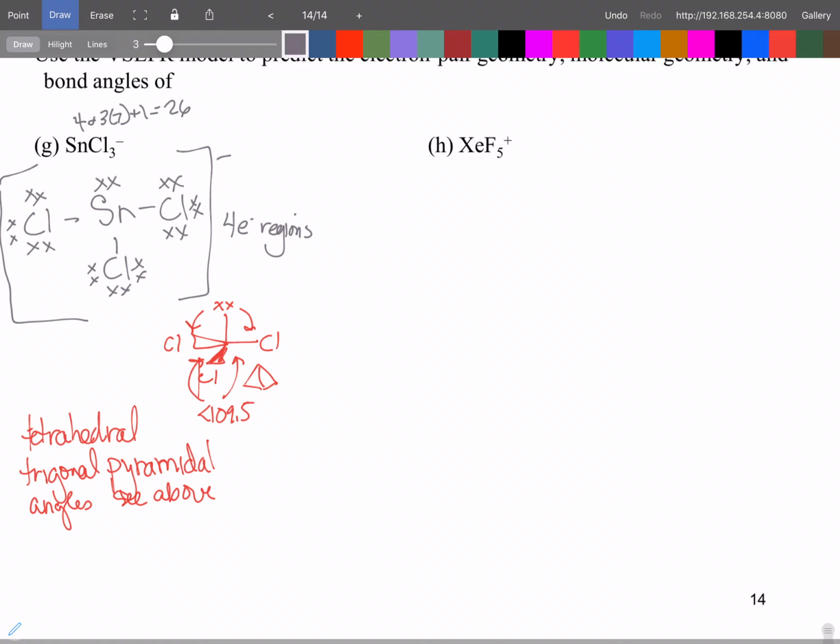Okay, now for H. We have xenon, and you're like, wait, this is a noble gas. Yes, they can make a few compounds from them in the lab. This isn't naturally existing. Plus 5 times 7 minus 1. 5 times 7 is 35, minus 1 is 34, plus 8 is 42. I think it's 42. So I'm going to start with a fluorine at the top so I can get my spacing.